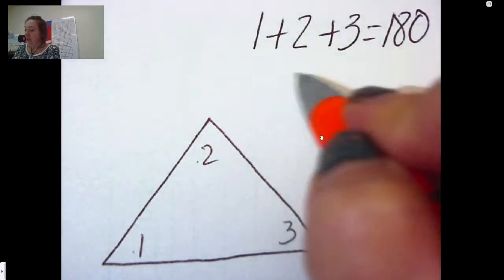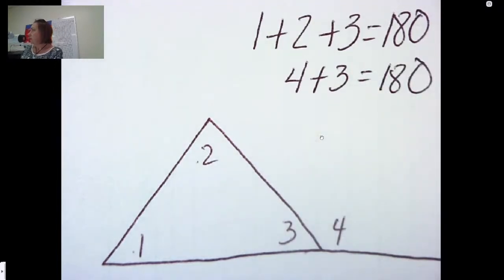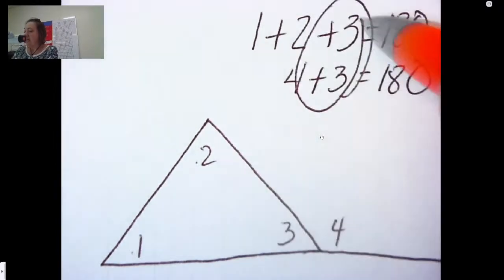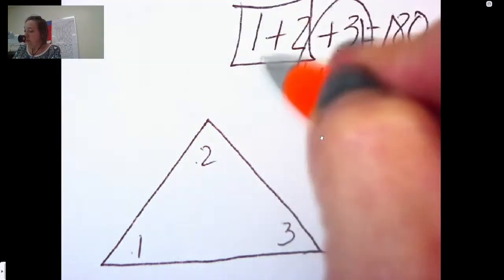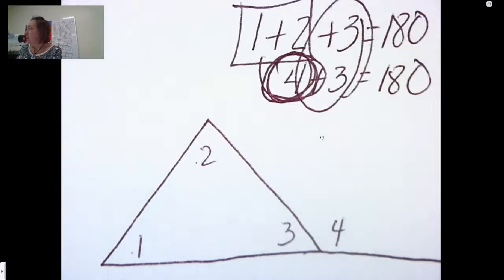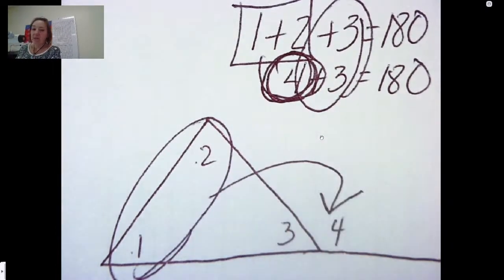If we add 4 and 3 together, we get 180. Since 3 is the same in both of them, that means that 1 plus 2 has to equal 4. These two angles added together have to add up to that angle that's out there.